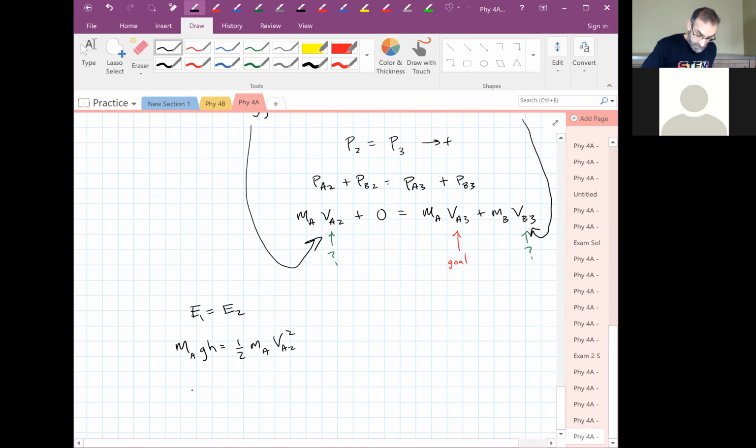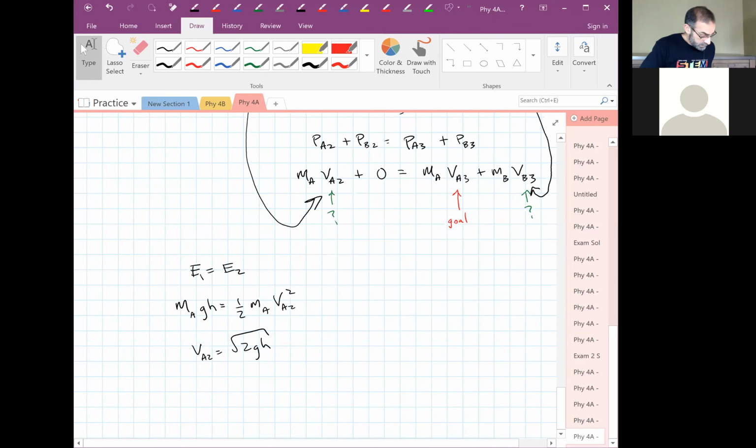And of course, that's H is D sine theta, right? So there's one of our unknowns.